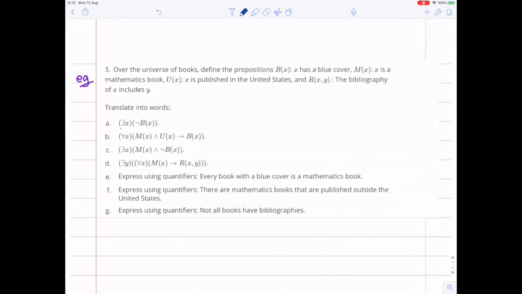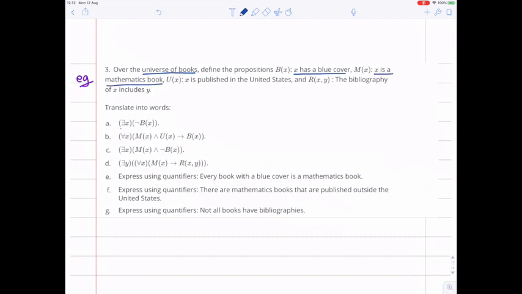All right, so let's take a little bit of practice working with quantifiers. So here we've got our universe is the universe of all books, and we've got the following propositions. B is the proposition X has a blue cover. M is the proposition X is a mathematics book.